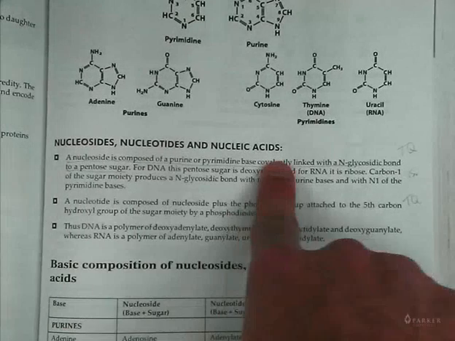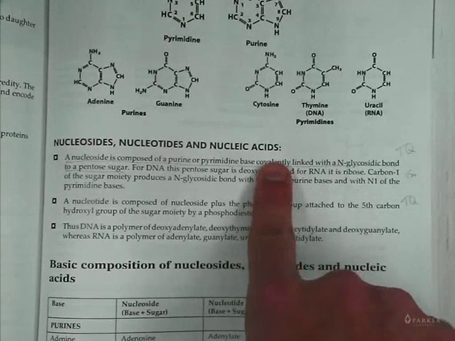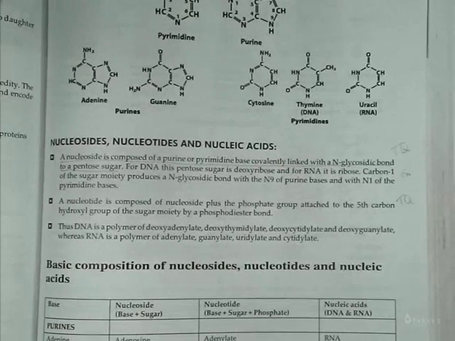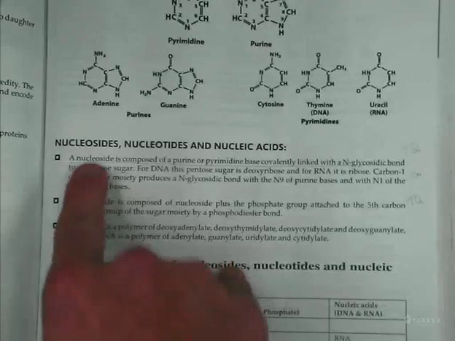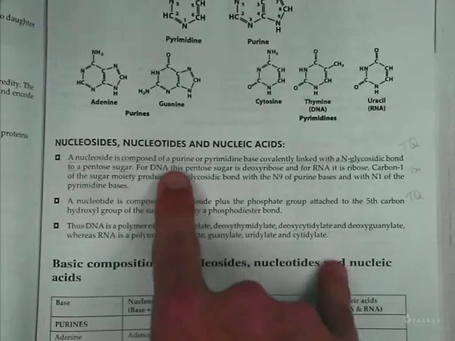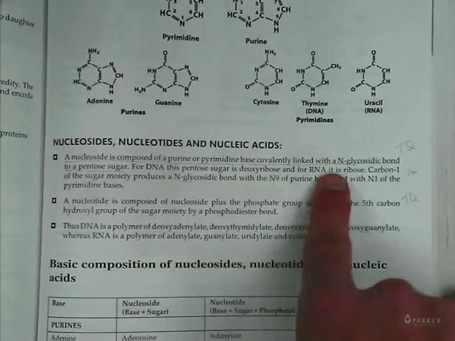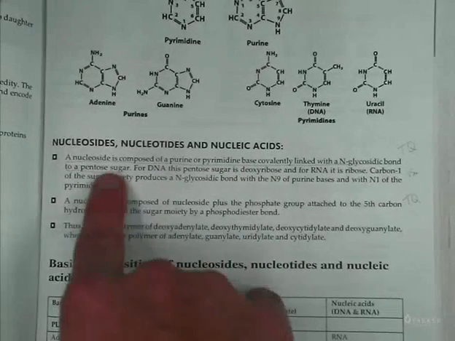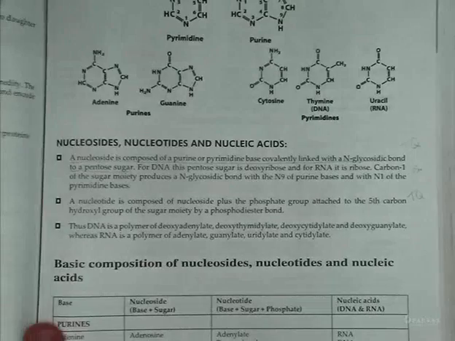Moving on, we've got nucleosides, nucleotides, and nucleic acids. They're all a little bit different, and he might ask you the difference on the final exam. So a nucleoside is composed of a purine or a pyrimidine base covalently linked with a pentose sugar.